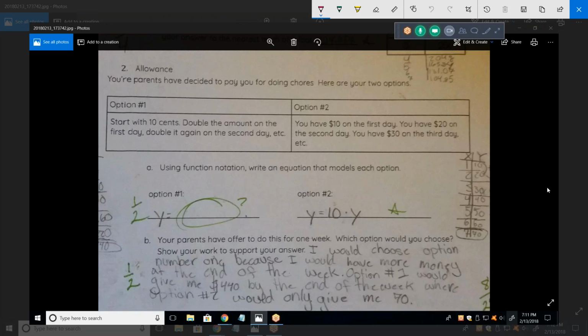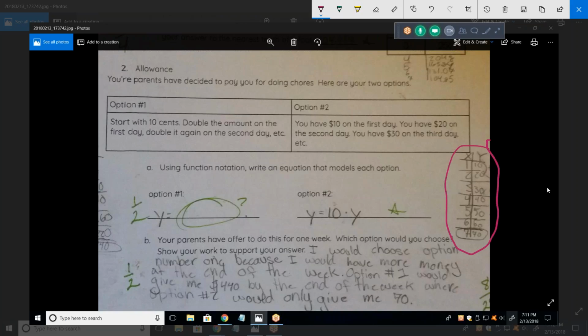You're going to start with 10 cents and you're going to double the amount on the first day, double it again on the second day, etc. I like what you did over here, except you didn't double it each time.